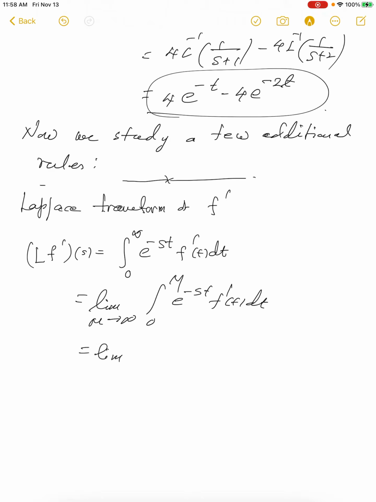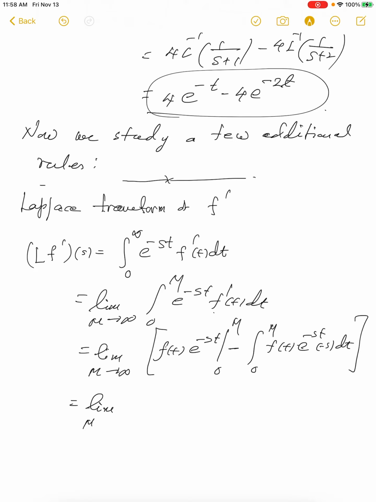Now I use integration by parts. So I integrate f prime first. What will I get? I get f t times e to the minus st, between 0 and m, minus the integral from 0 to m of the integrated thing, f t, times the derivative of the other, which is e to the minus st times minus s dt.